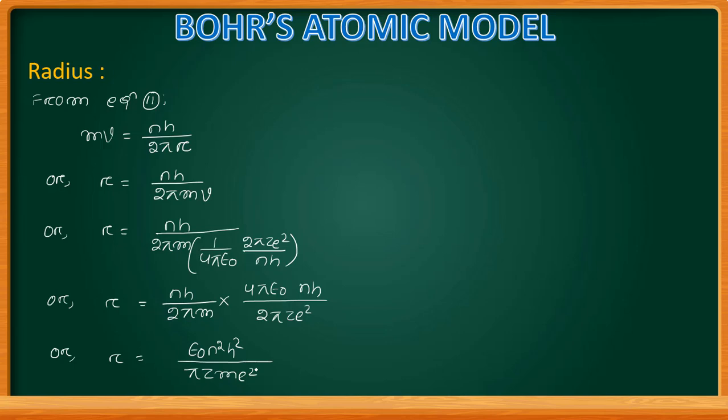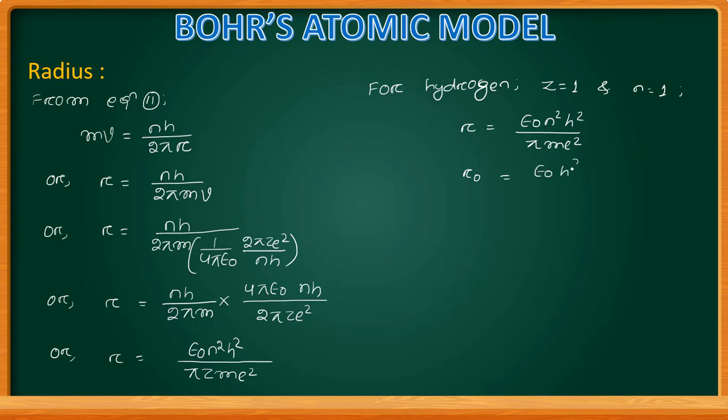So what you got here, just write down, for any orbit of hydrogen, we can write r is equal to epsilon naught n square h square by pi m e square. For first orbit or Bohr radius, we can write n equal to 1. So this becomes epsilon naught h square by pi m e square, and this becomes 0.53 Angstrom. 1 Angstrom is 10 power minus 10 meter.